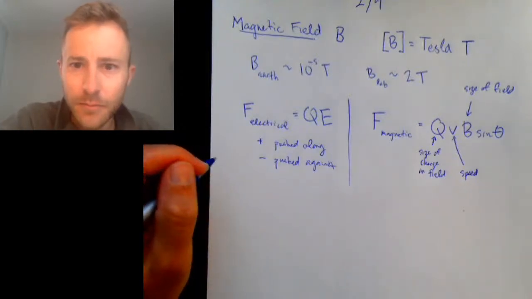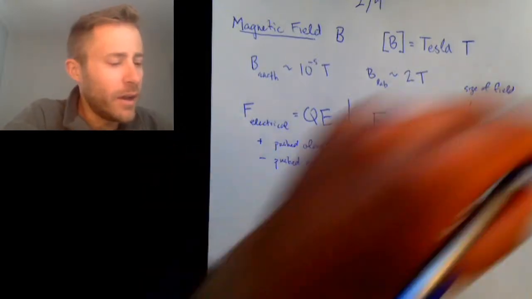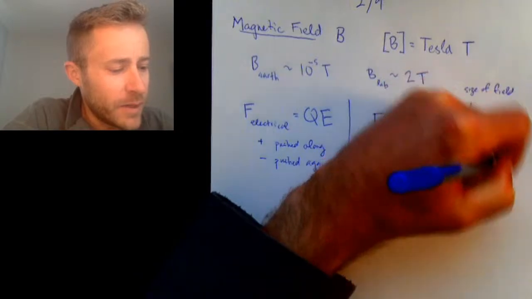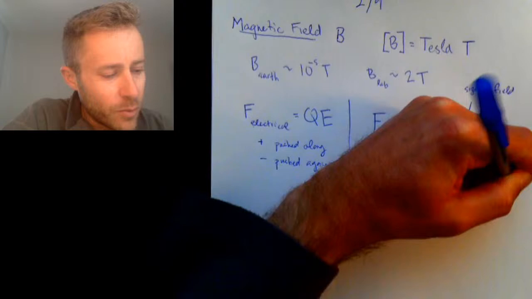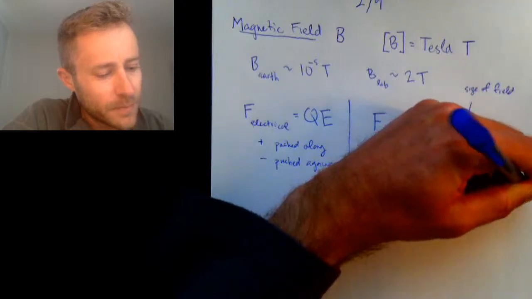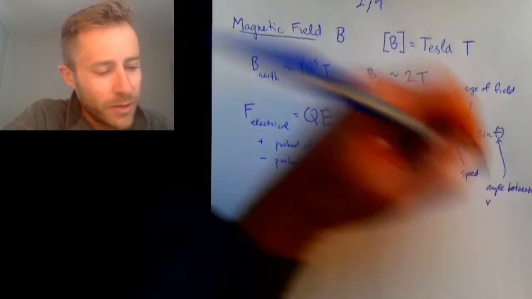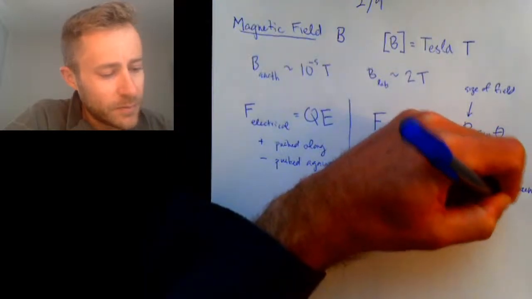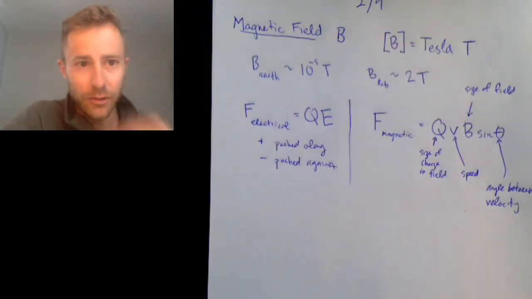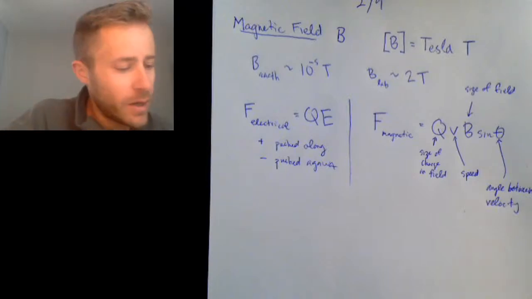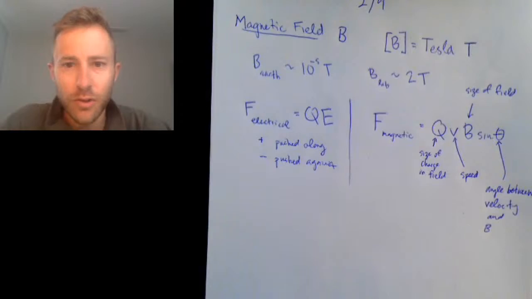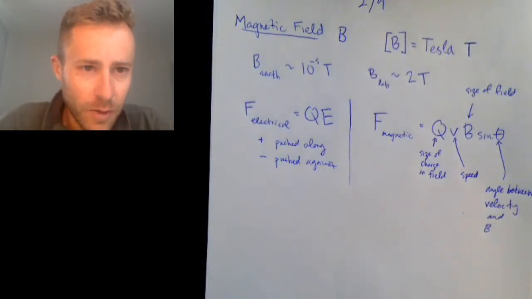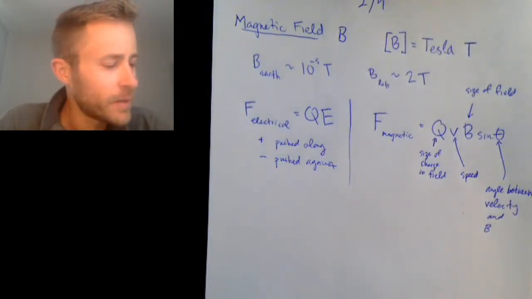And theta is the angle between the velocity, which is a vector, so it has a direction, and the magnetic field, which is also a vector, so it has a direction.